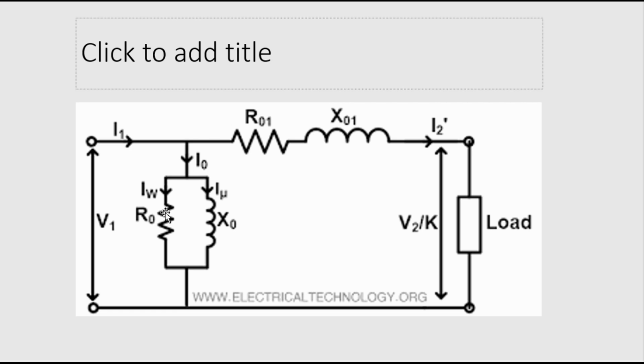And this particular circuit can be called the referred to primary approximate equivalent circuit. That means we are doing some approximation and keeping only the core loss component, and we have considered R01 X01 as the combination of primary and secondary winding resistance and reactance.